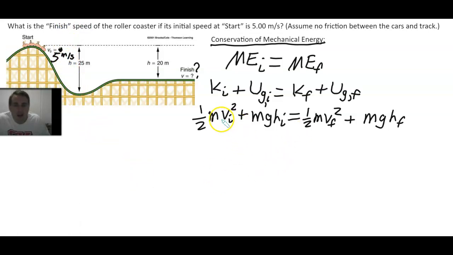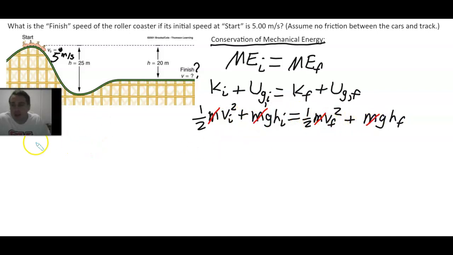Have a look at these terms and note that there is one term that is going to drop out throughout the entire equation. You might want to pause the video and think about that. So it's going to be mass. Hopefully you see that mass drops out of this conservation of energy equation.